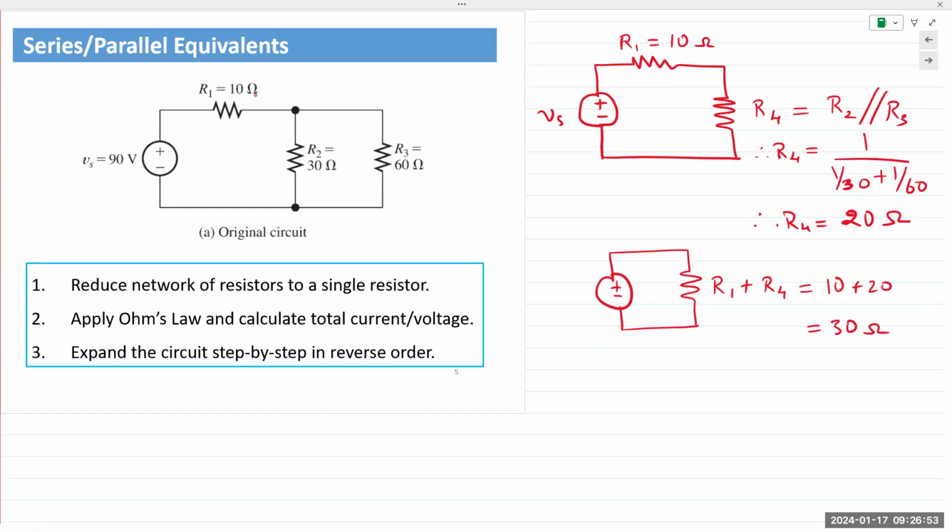Okay, in the previous slide, we learned about reducing a bunch of resistors down to one single resistance. So in this case, the terminals are with Vs removed. So you remove Vs, and then you find REQ from the perspective of the source. So that's the step I was forgetting.